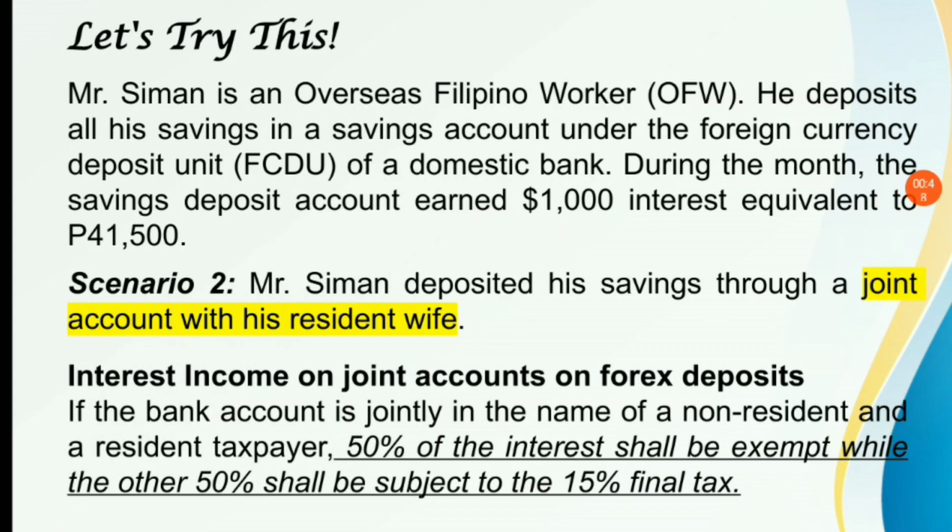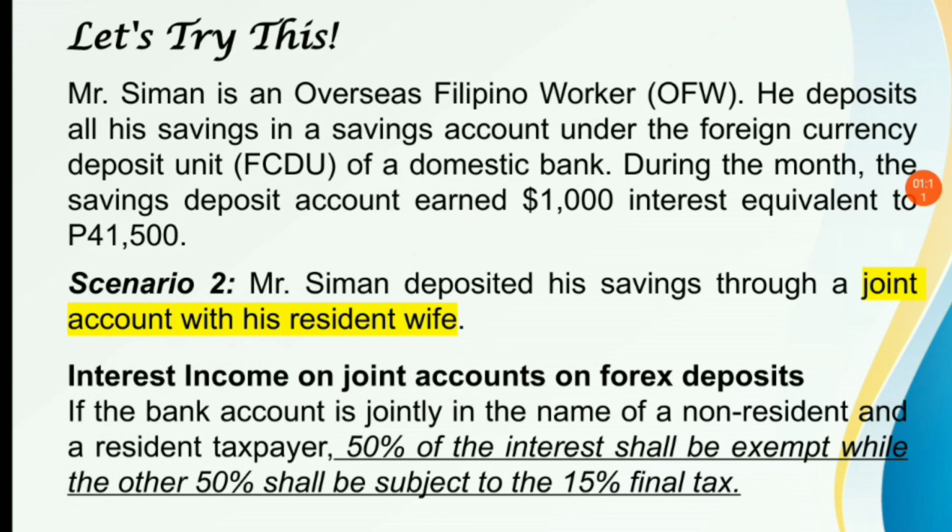So let us compute: 41,500 pesos interest income multiplied by 50%. The answer is 20,750 pesos. So Mr. Seaman has 20,750 pesos of interest income, and his resident wife also has 20,750 pesos.